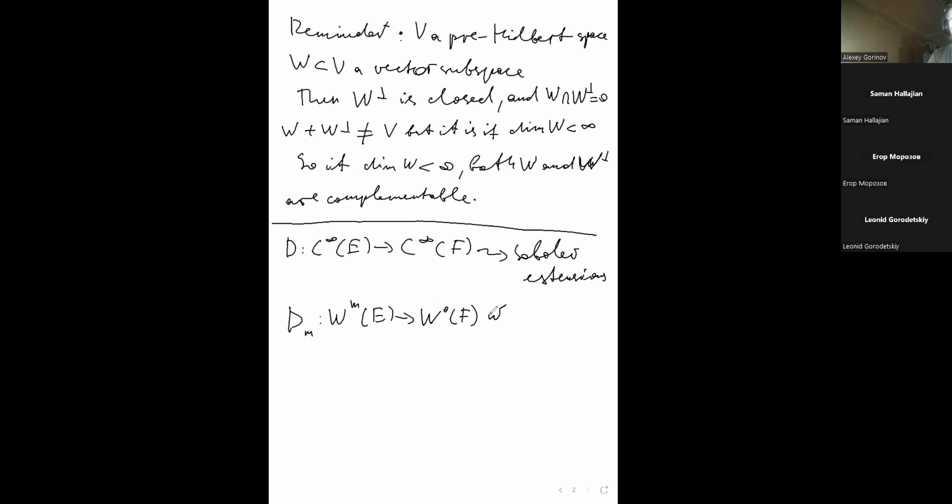What is M? Well, Sobolev extensions in particular, in particular the one that ends up in W zero. Which one is it?